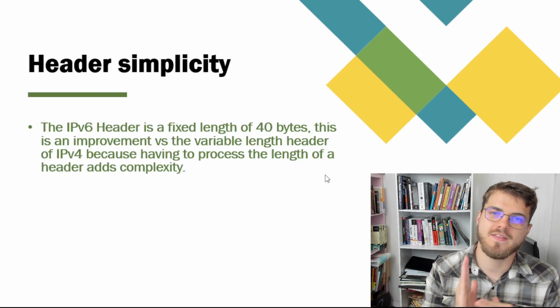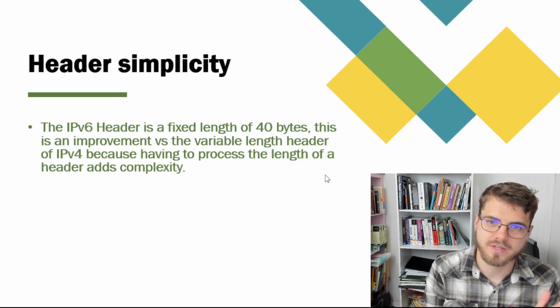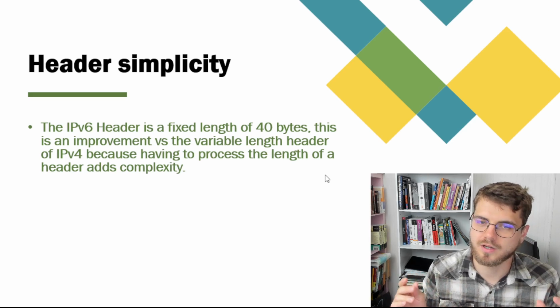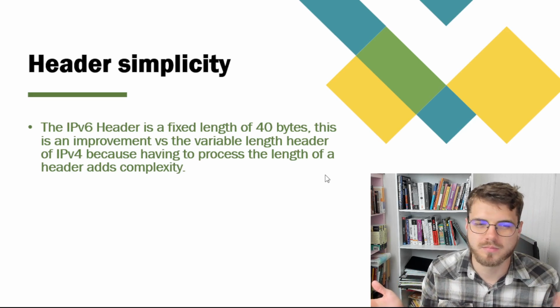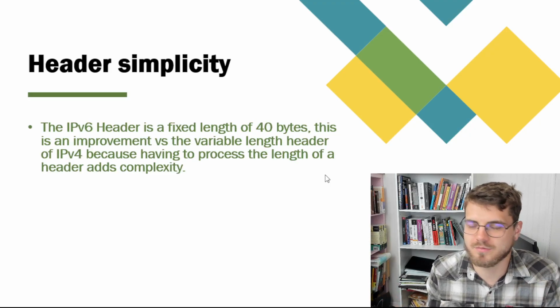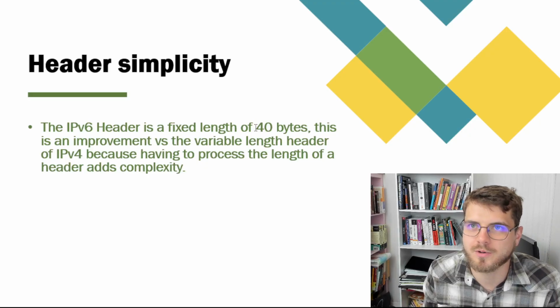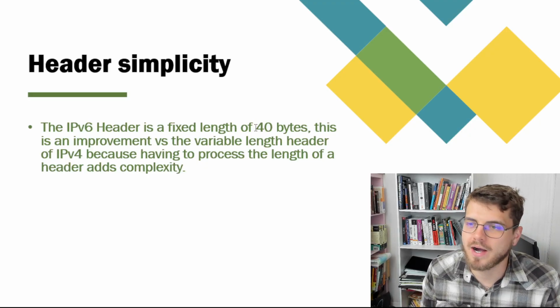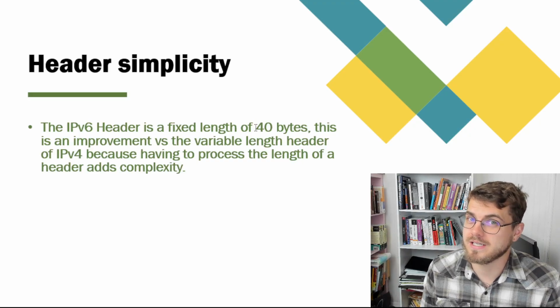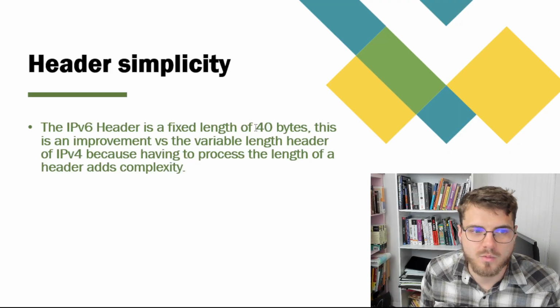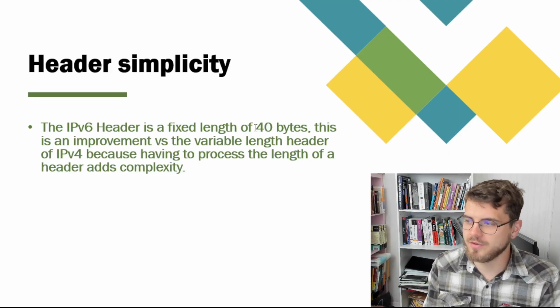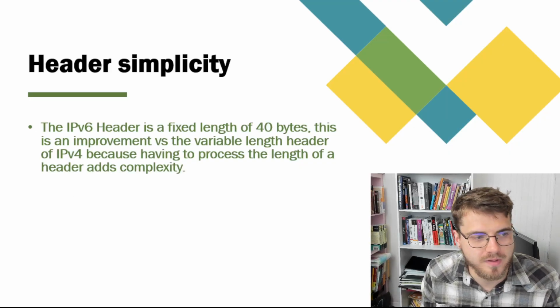That was just adding more compute power and made it harder. We're keeping it 40 bytes, it's always the same. So, if you're packing boxes into a truck, it would be pretty easy if they all stack right, whereas if you had them all different sizes, that's a little different.